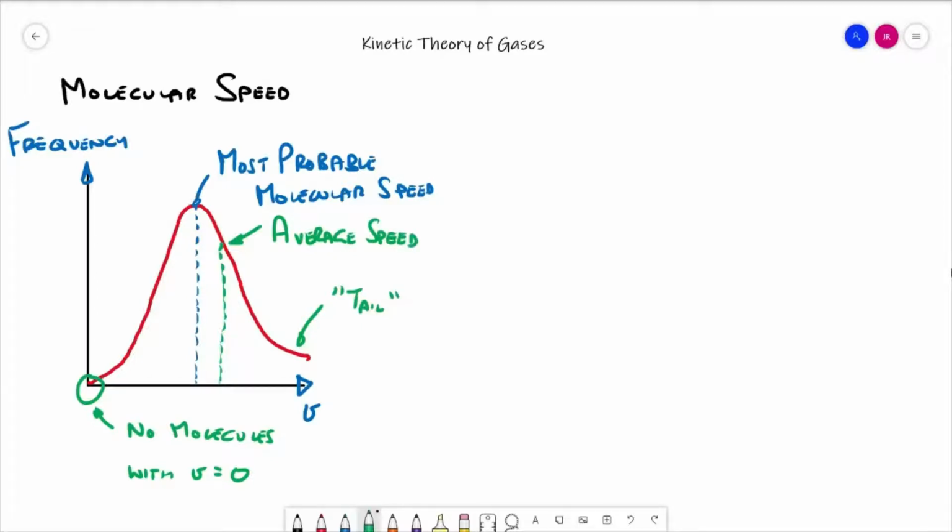Because this distribution isn't symmetrical about that most probable speed. Okay, so we do have a little bit of a tail on the right hand side, which just brings the average speed slightly higher. Now, the technical name for this kind of distribution is called a Maxwell-Boltzmann distribution.